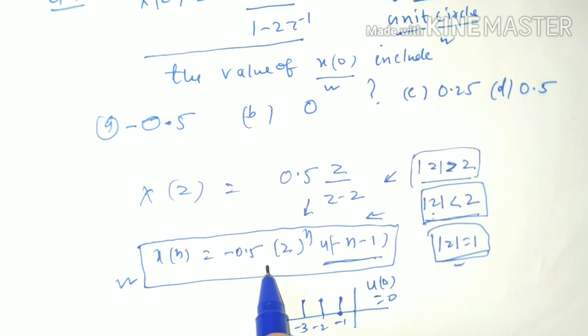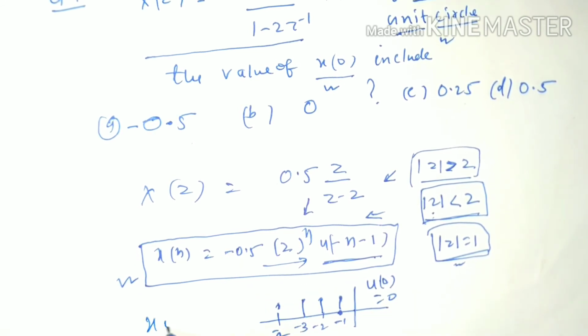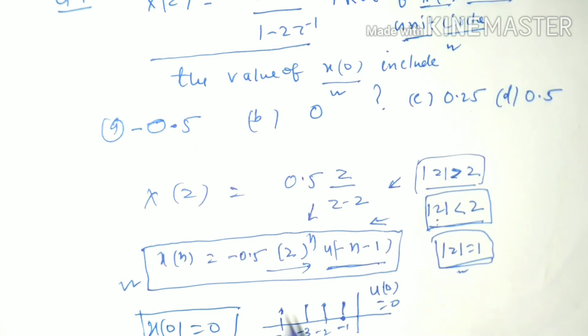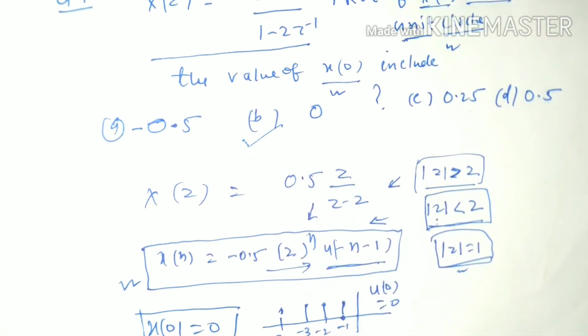So 0 multiplied by the entire signal will be 0. So the value of x0 will be 0. So the correct answer is this one.